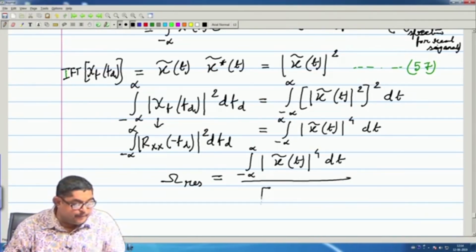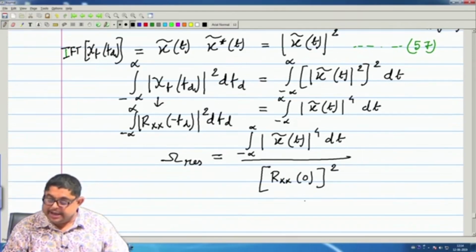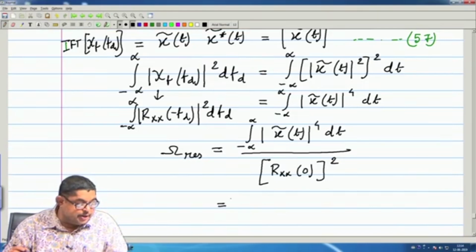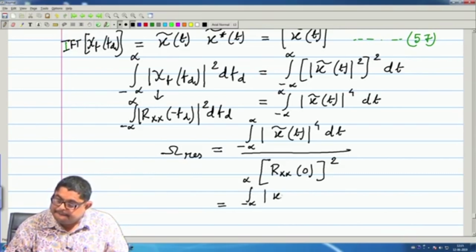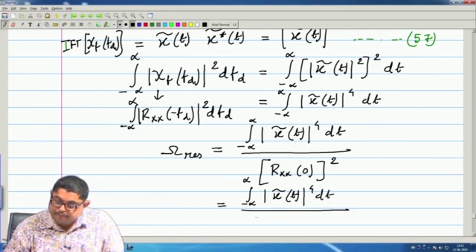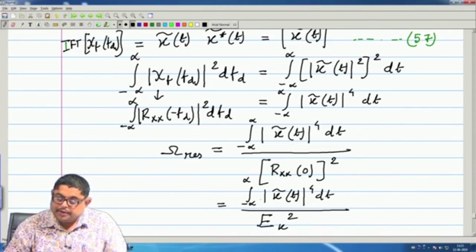We know R x x 0, this is E x, so it is simply E x square.